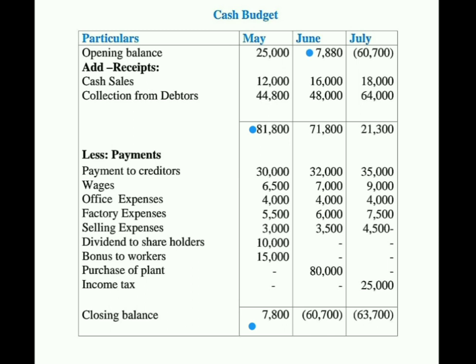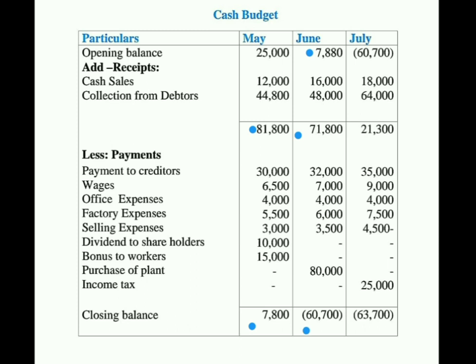And here add all the sales as well as collection from debtors, then the total amount available is 71,800, minus all the payments, that is creditors, wages, office expenses, factory expenses, selling expenses and purchase of plant. Here these different expenses are more than the 71,800.